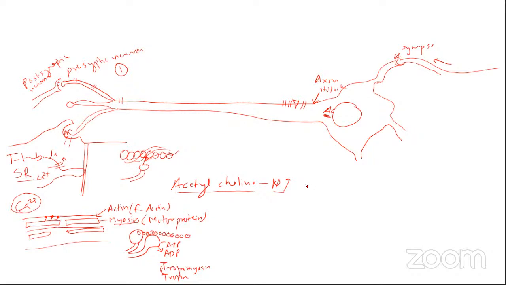And these receptors are of two types. Imagine one receptor looks like this across the membrane. It binds to acetylcholine, and in response to binding, a channel opens up.